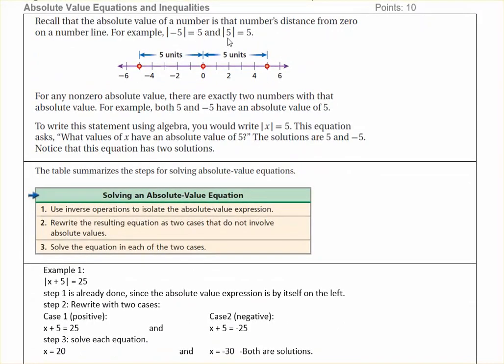The absolute value of 5 is 5. So if I had written the absolute value of x equals 5, we know that there's two answers. x could have been negative 5, x could have been positive 5. So we are going to do this for our problems. We are going to write two cases of our equation.